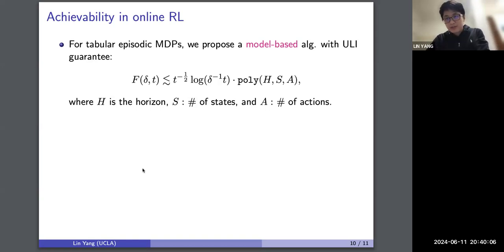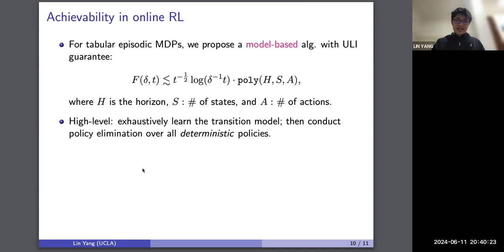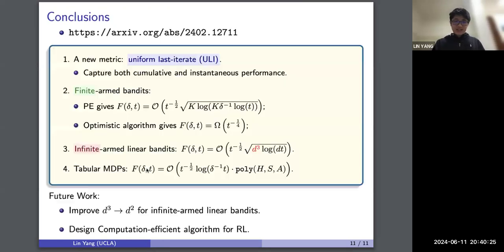Here we show that the URI guarantee is upper bounded by t to the 1 over 2, again near optimal, multiplied by some polynomial in the number of states, number of actions, etc. These are subtleties we're going to ignore. Unfortunately, even though this algorithm achieves a near optimal URI guarantee, it is not time efficient.